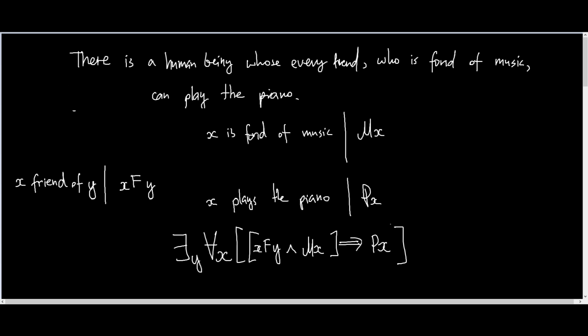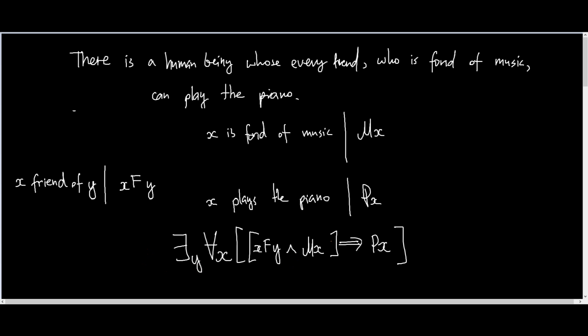Okay, so now we've got something that expresses that there is a human being whose every friend who is fond of music can play the piano. Right? If we read it from left to right, we see that there exists a human being y. Remember, variables represent a human being, so that's why we can say human being every time we read out a variable. There exists a human being y such that every human being, what?